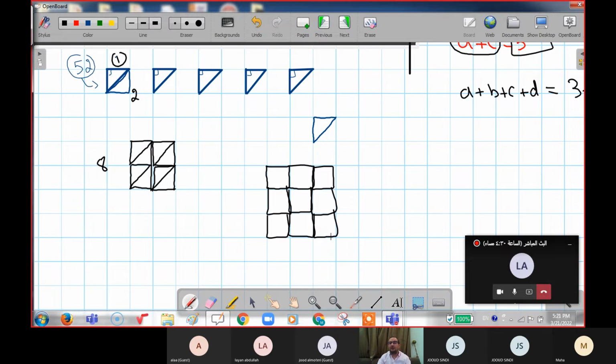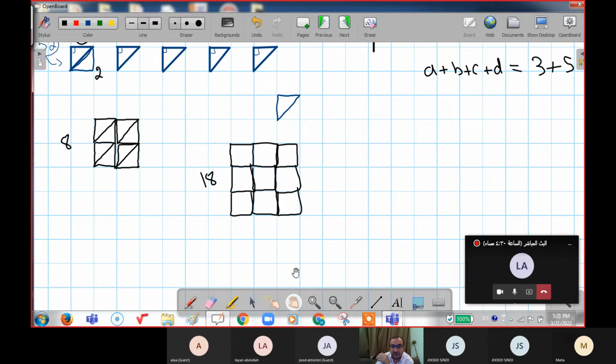Now we have 1 size, 2 size, 3 size. Now here, how many triangles do I use? 9 times 2, 18. So 2, 4, 6, 8, 10, 12, 14, 16, and 18. So I use 18 triangles. Let's continue now.